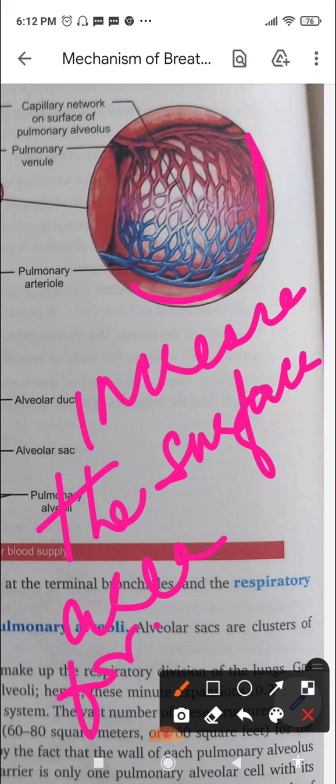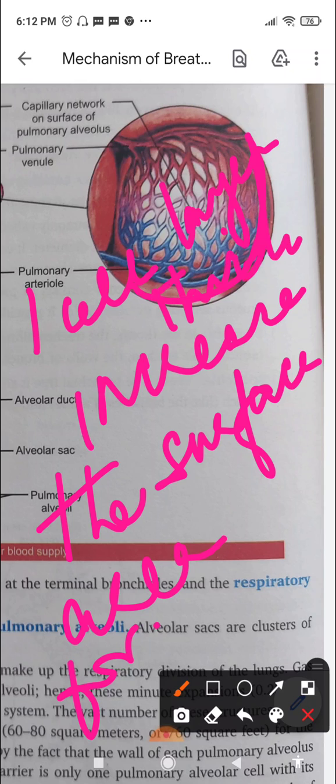So how thin is it? It is just one cell layer thick. We know that cells are already microscopic, so imagine how thin one cell layer would be.